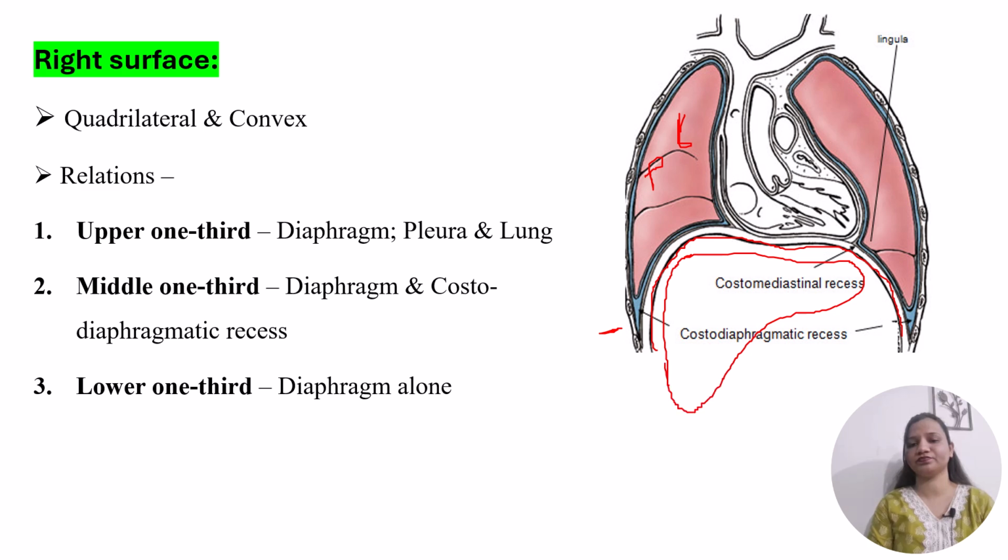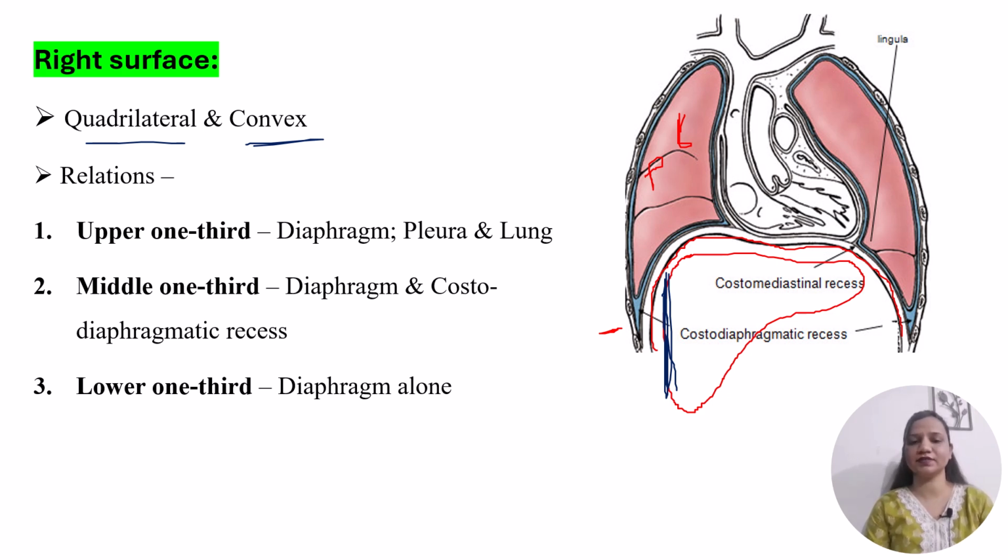So we are talking about the right surface of the liver, which is this surface, and the right surface is actually quadrilateral and also convex in appearance.